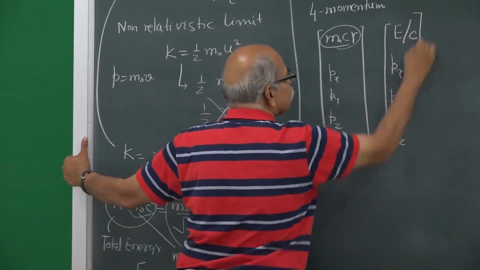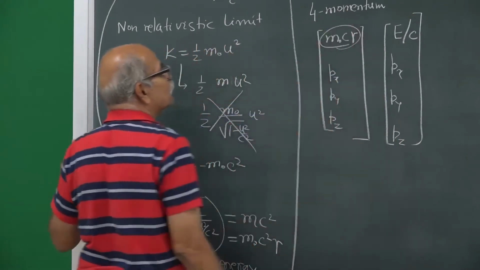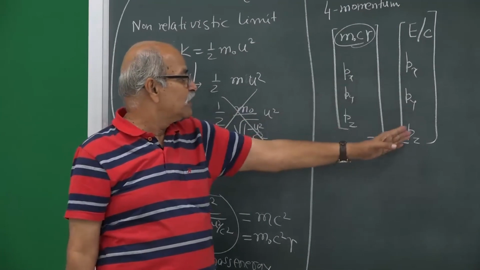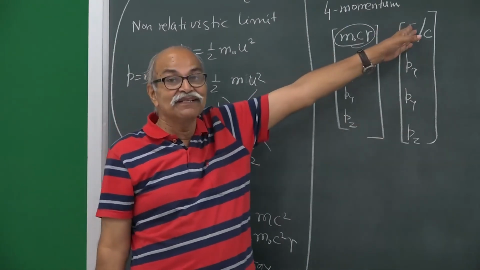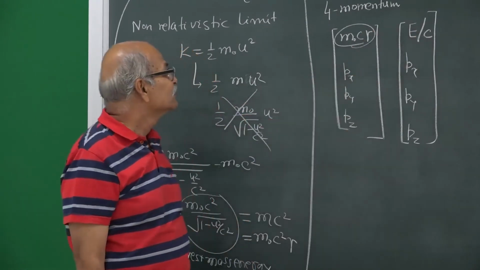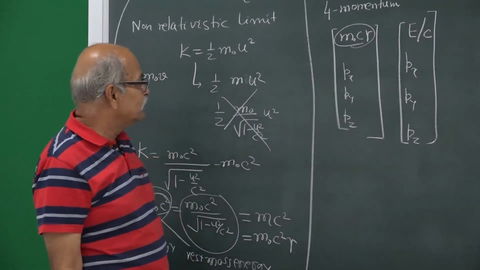That is your 4 momentum, or momentum 4 vector. So, these 3 components give you momentum and the 0th component gives you total energy, capital E by c. So, that is the expression.